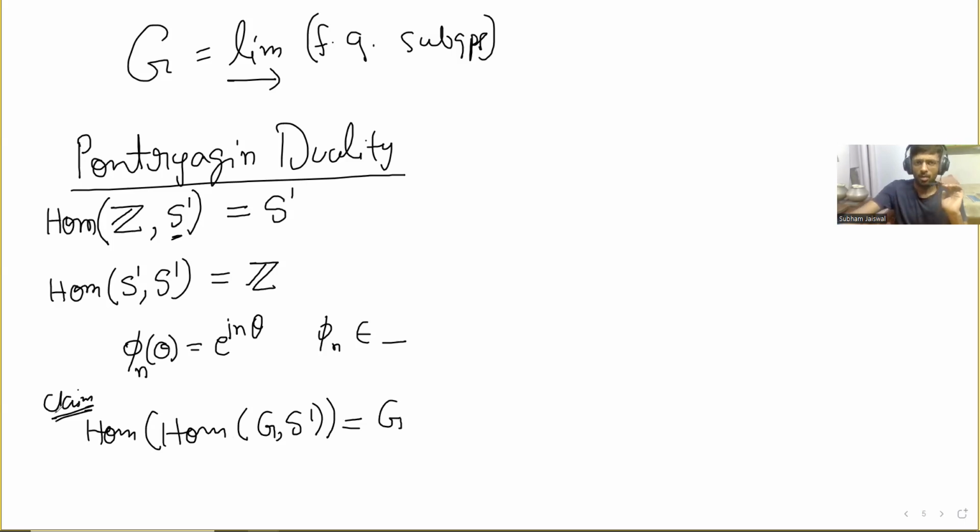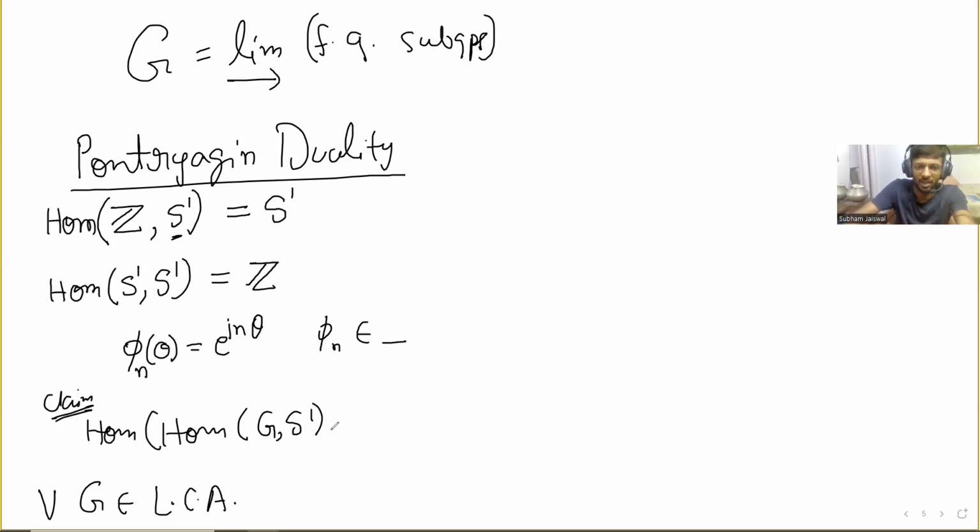Okay. Now, for all G locally compact abelian, these homomorphisms are continuous group homomorphisms. And you have to wonder what topology you will put on this. Oh, sorry, I wrote something slightly wrong.